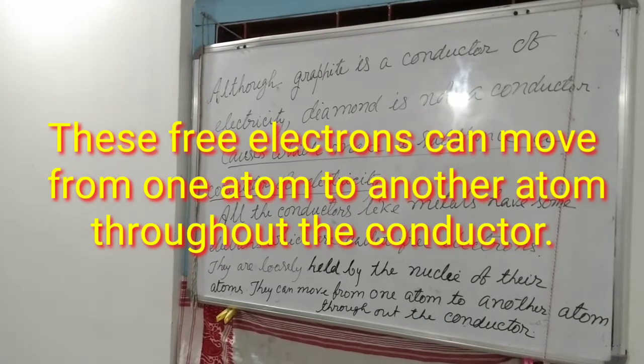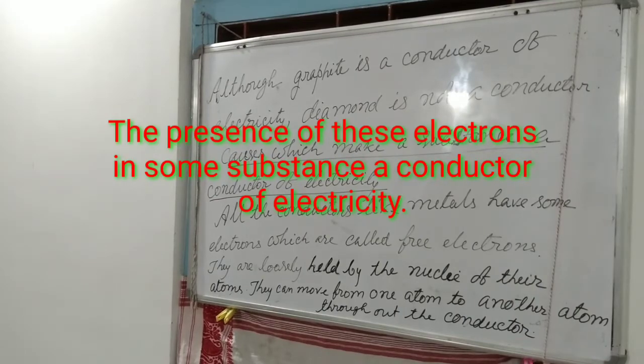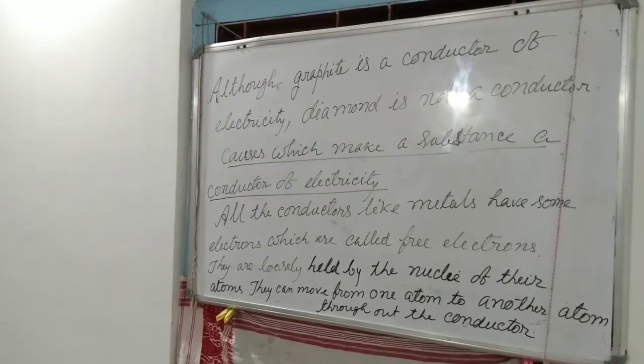That means the bond between the nucleus and the electrons is very loose. It is not strong enough to bind them in a rigid manner. They can move from one atom to another atom throughout the conductor.